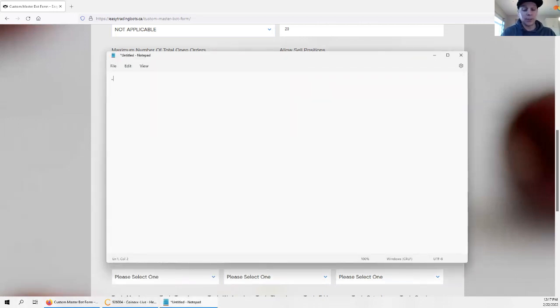If you do a 0.01 starting lot, every lot is going to be plus 0.01. So your second lot is going to be 0.02, your third lot is going to be 0.03, and so on. If your starting lot is 0.04, then your next lot is 0.08, then 0.12, then 0.16. So it adds your starting lot to every additional lot.